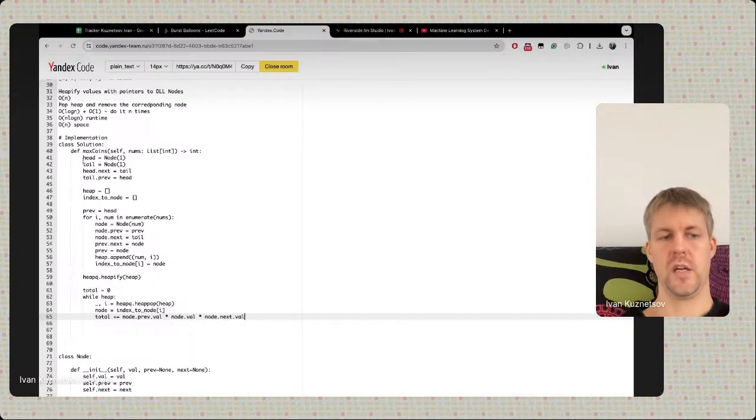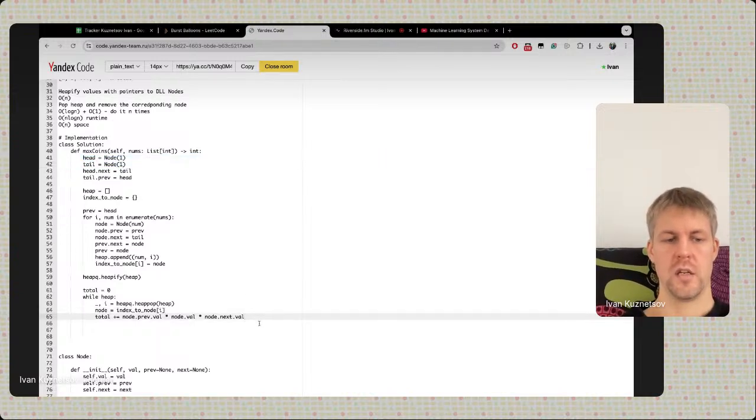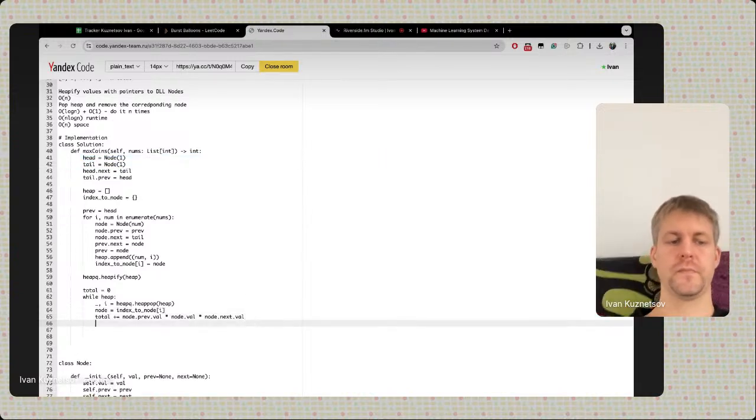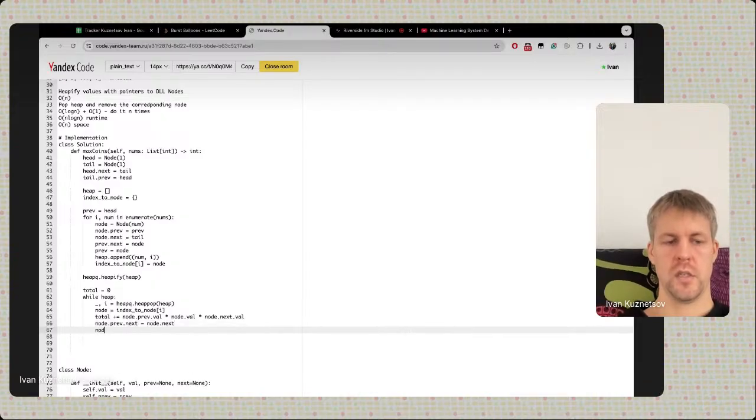We will always have previous and next because we have created those dummy nodes for head and tail here that have values of 1. So then we need to do what? Node previous next equals node next, node next previous equals node previous.